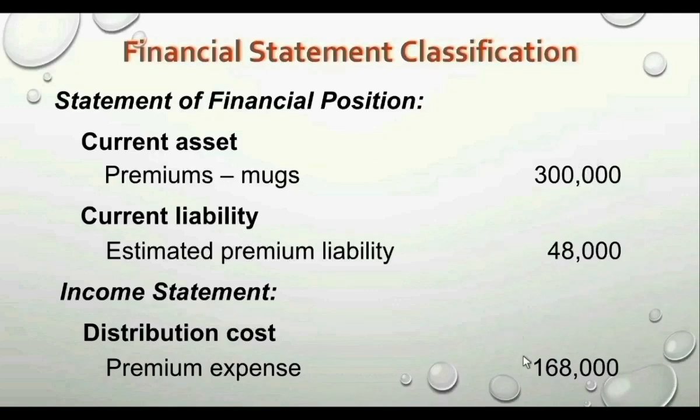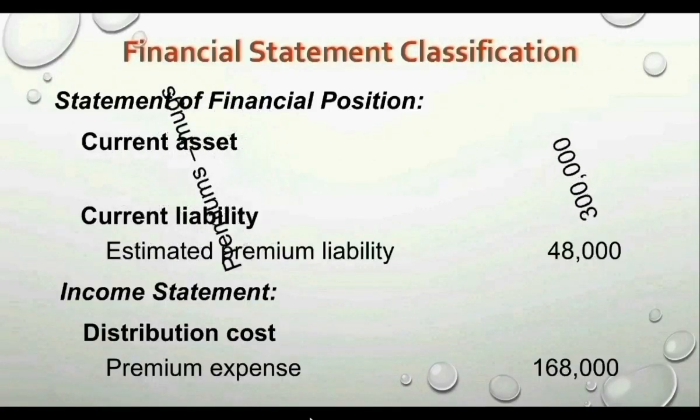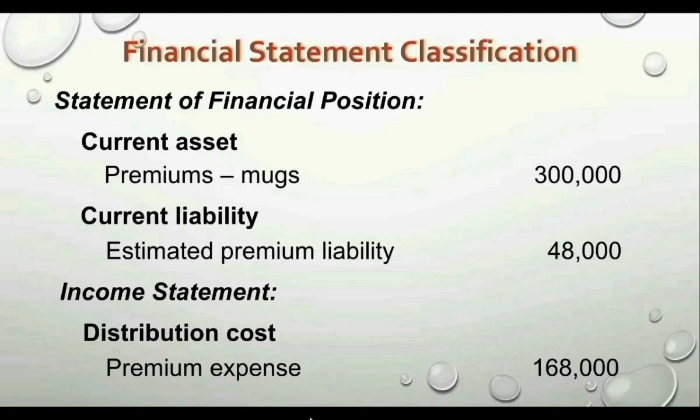The figures you see here, of course, are balances of these accounts arrived at by considering the journal entries we have made. For premiums, 450,000 debit minus 150,000 credit equals 300,000 debit balance.